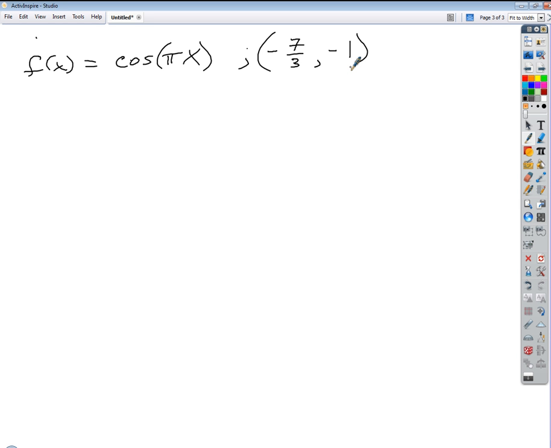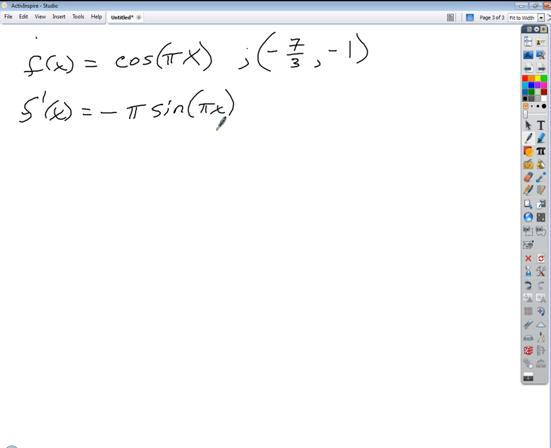Find the absolute extrema. So what's our derivative? Okay, negative pi sine pi x, right? Everybody agree?